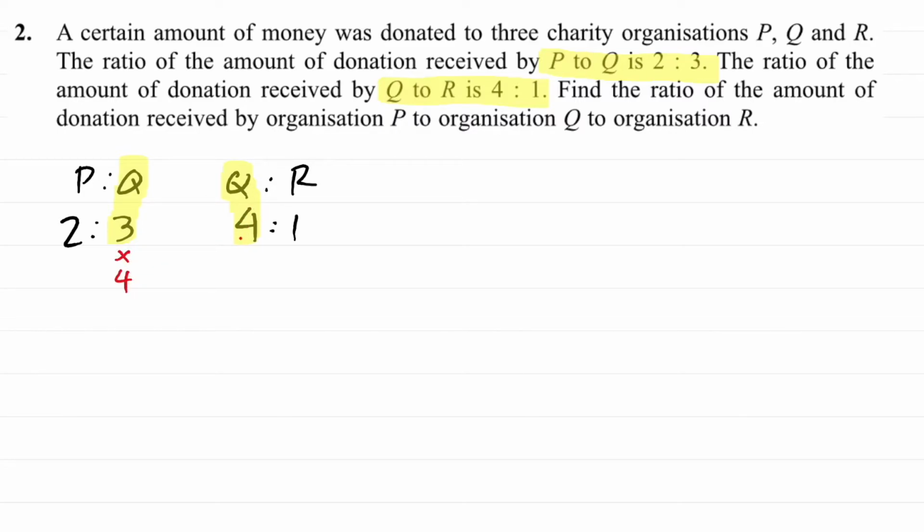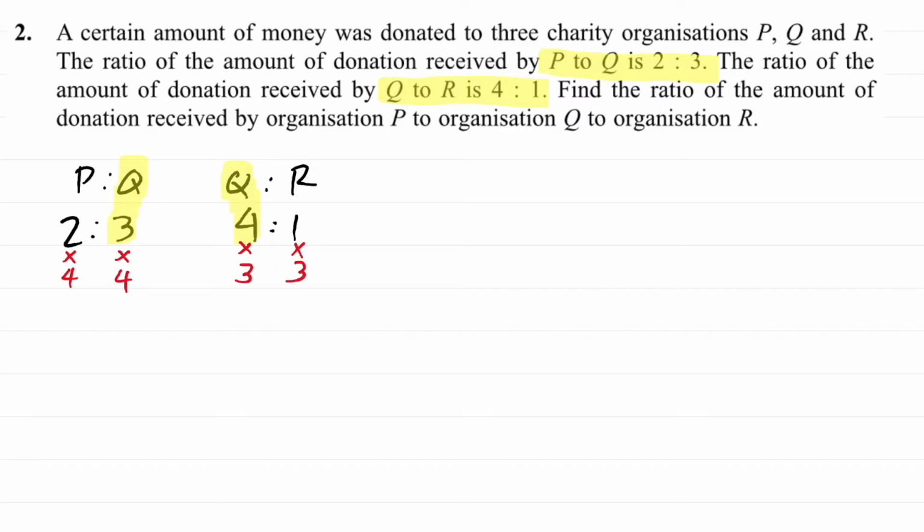And if this one is 4, we multiply with 3, so that you will get the same number. But ratio, as you know, has the same properties as a fraction. So if you multiply one side here with 4, the other side of the ratio you must also multiply with the same number, which is 4. And this one you have to multiply with 3.